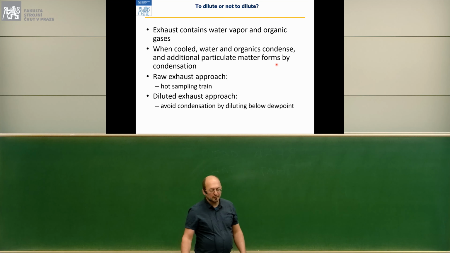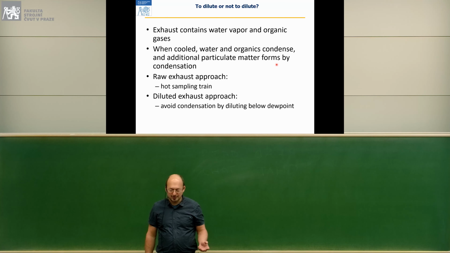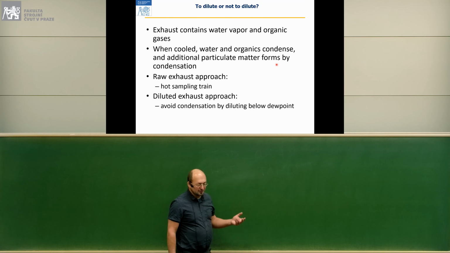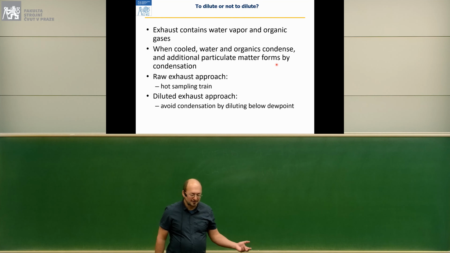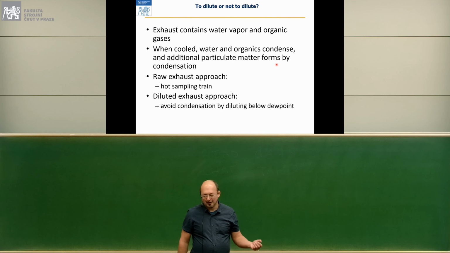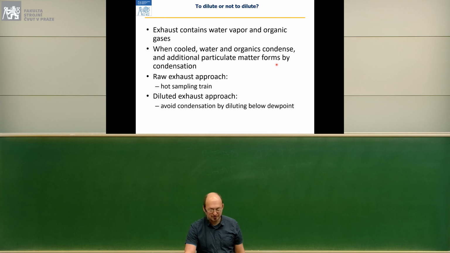What do we do with the exhaust? How do we measure emissions? Well, the total emissions are a product of the flow and the concentration of the given compound in the vehicle exhaust. And both the flow and the composition of the exhaust vary.